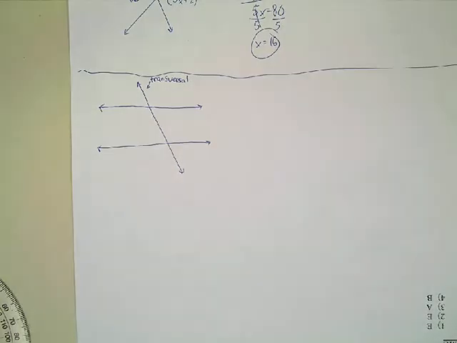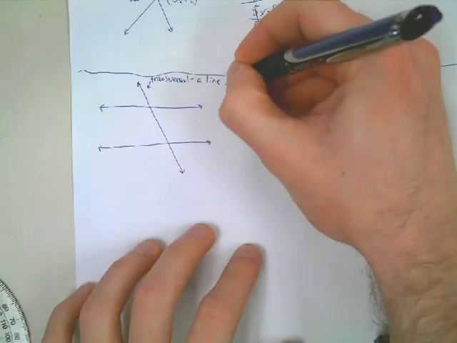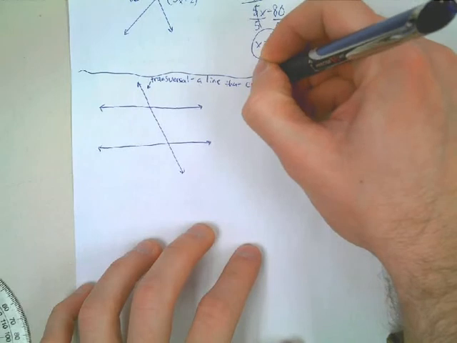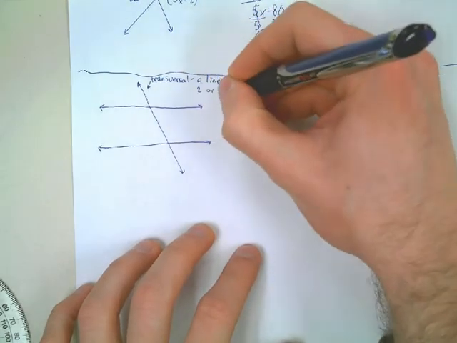Okay, so transversal, right? Again, it's a line that crosses 2 or more lines. Okay, that word, that trans, is a prefix. It means to kind of like go across, right?